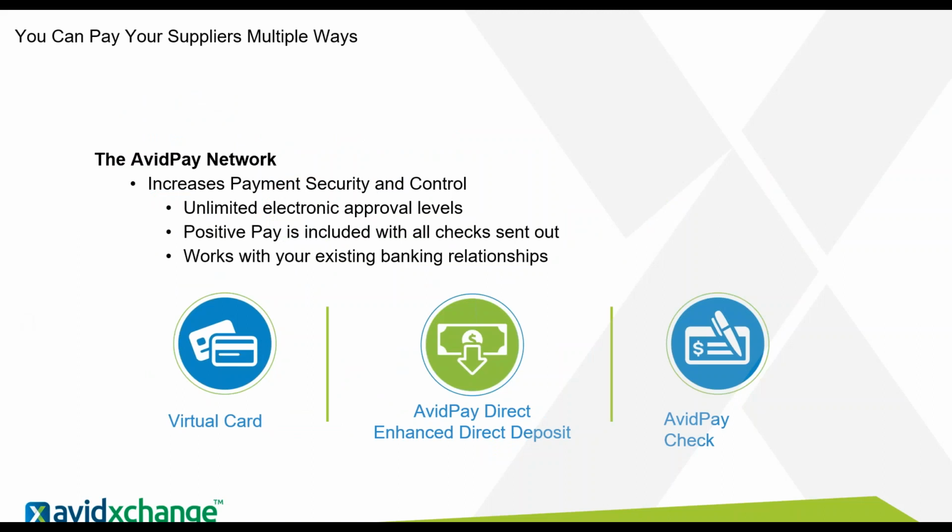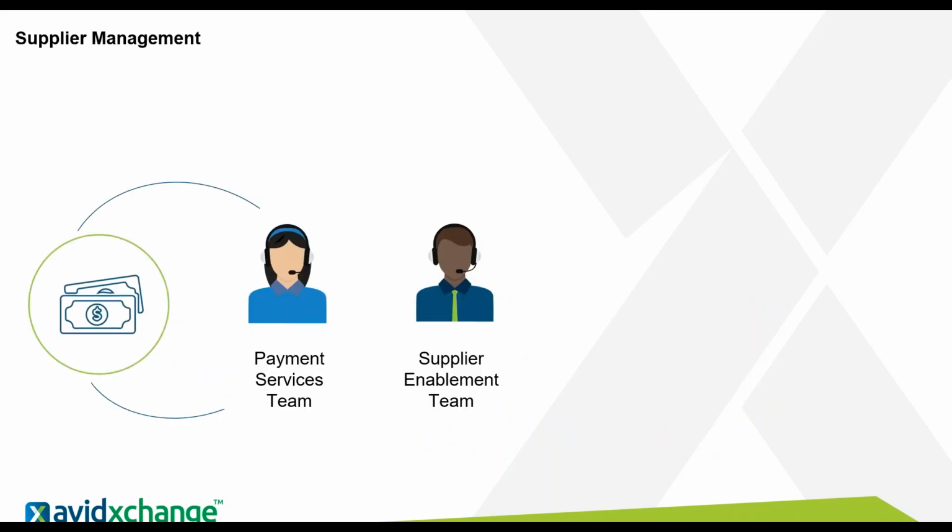As I had mentioned earlier, we do have an Avid Exchange pay network that we work with over 400,000 vendors, and they submit payments by three ways: virtual card, direct pay, and Avid Pay check. And then they do have a dedicated team that's going to work with your suppliers, talk to them about how they prefer to be paid, and again, that's via those three methods. They'll go through your vendors, getting up-to-date payment terms for them.